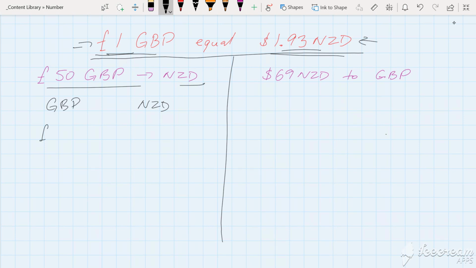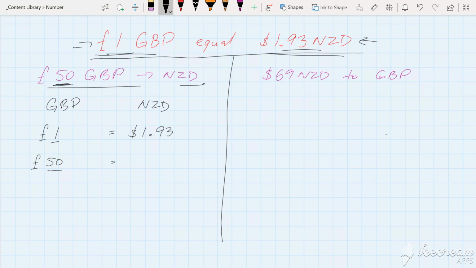So at the moment it is 1 British pound equals $1.93 New Zealand. Now I'm going to include the value that I know, which is 50 Great British Pounds. So I'm going to put that in down here, 50 Great British Pounds. And now I need to figure out, to get from 1 pound to 50 pounds, what do I need to multiply by?